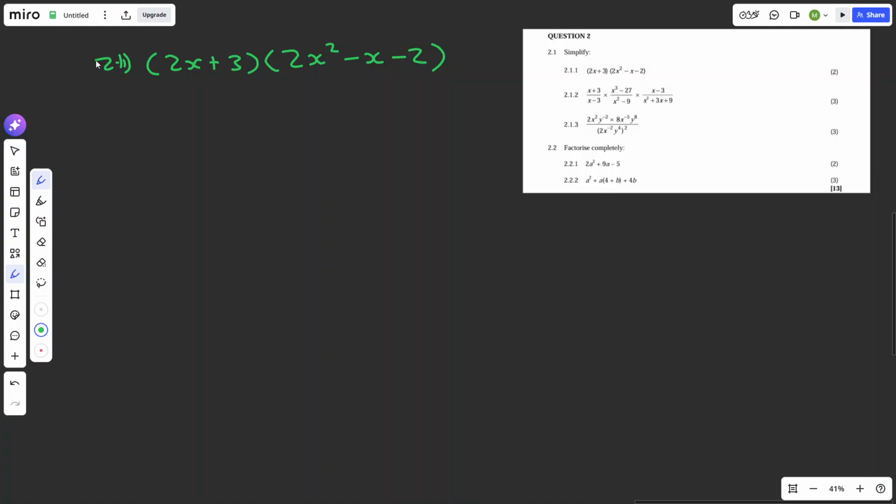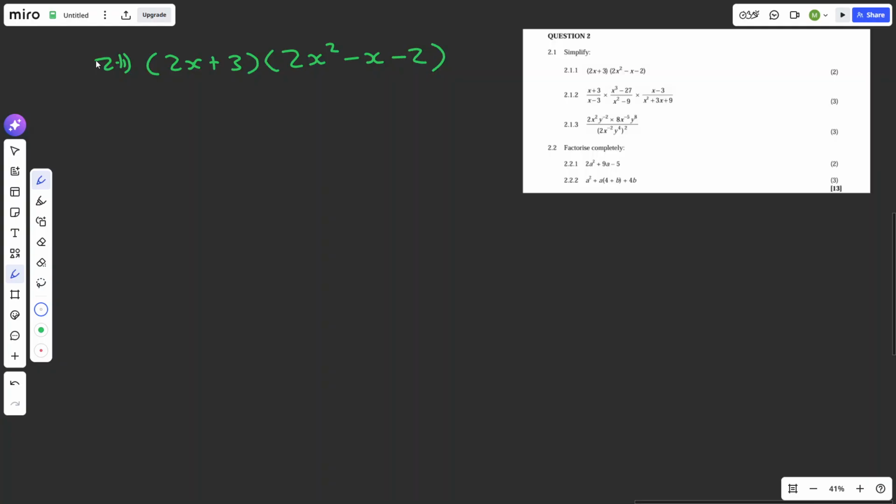We could multiply them out and basically simplify it, right? So it's basically the reverse of the second part of the question where we have to factorize completely. But let's go ahead. When you're given such an expression and you want to expand it, just take one term and then multiply by each individual term in the other factor.